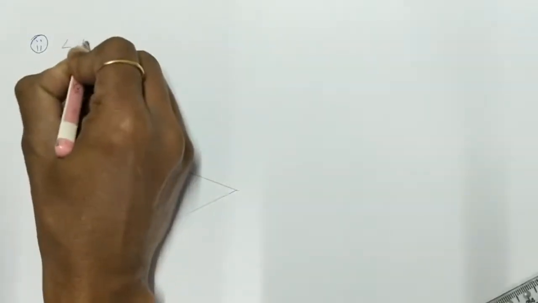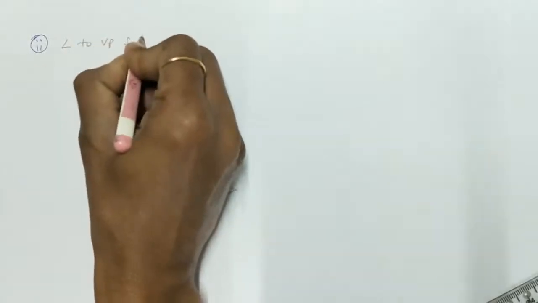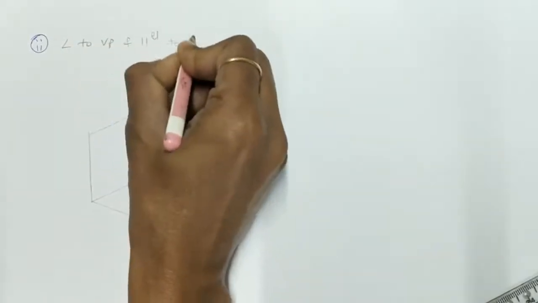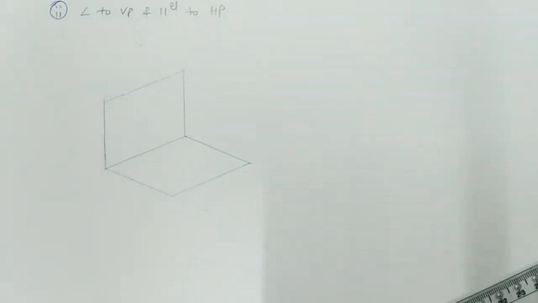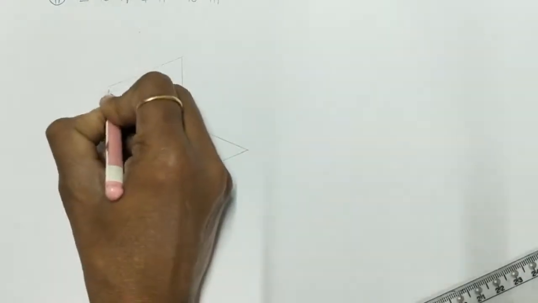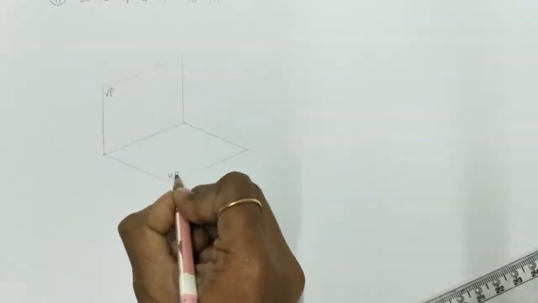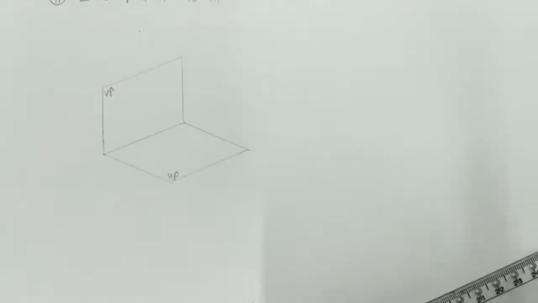Now we will take the second condition in which line is inclined to VP and parallel to HP. So this is VP and this is HP. Now I will draw the line.